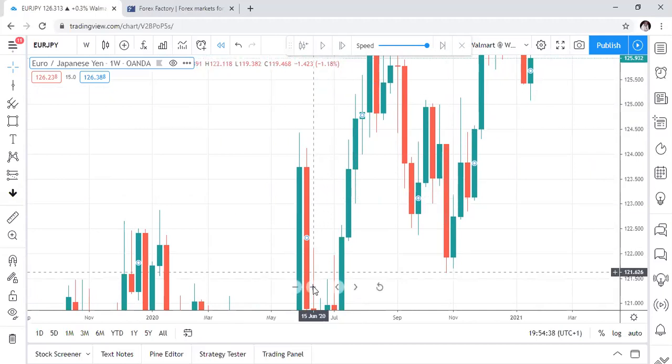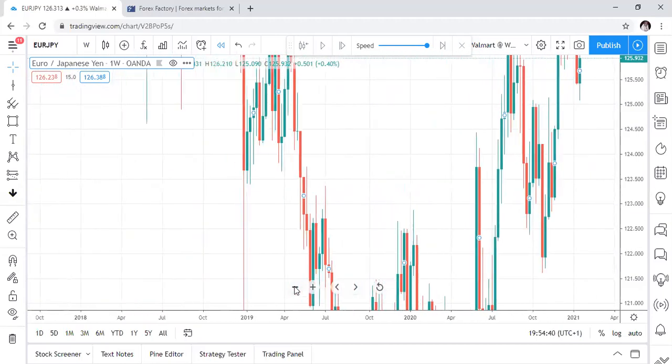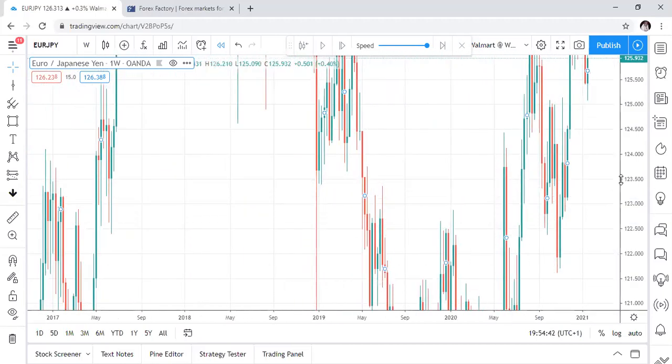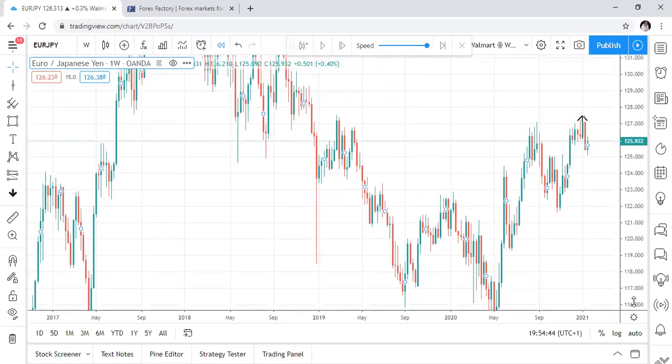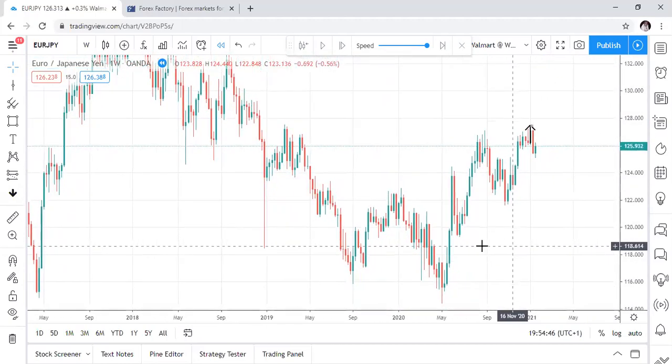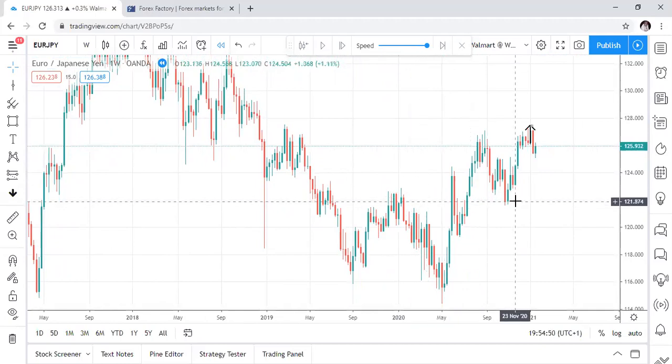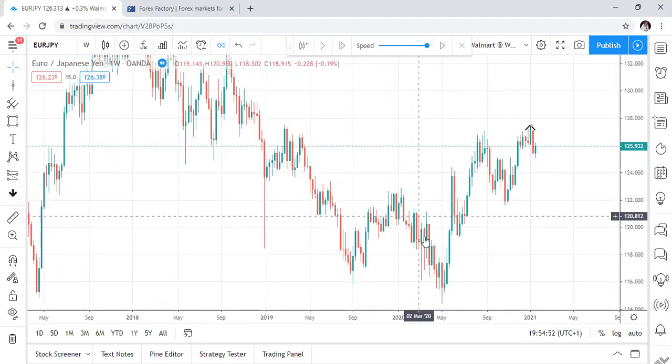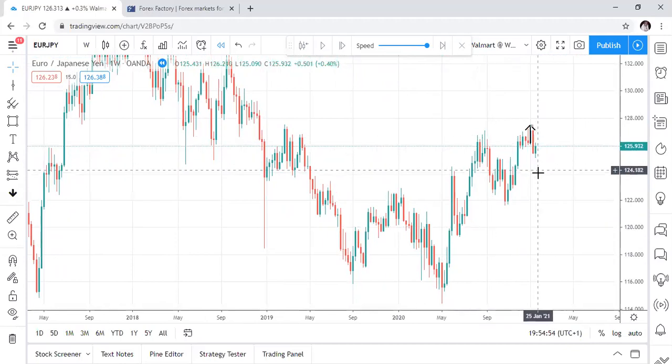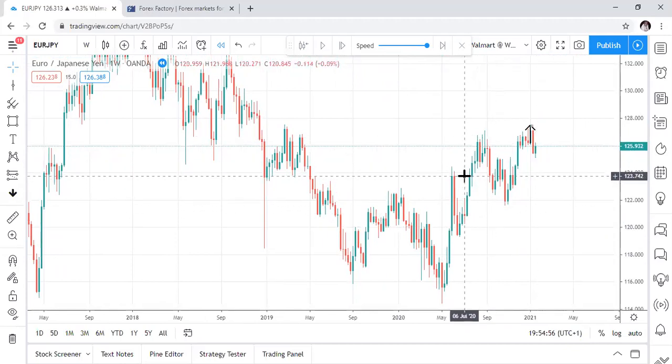But the longer time frame is buy. Please take note, it is buy. All these are just a pullback.